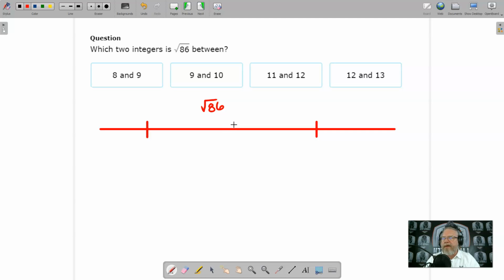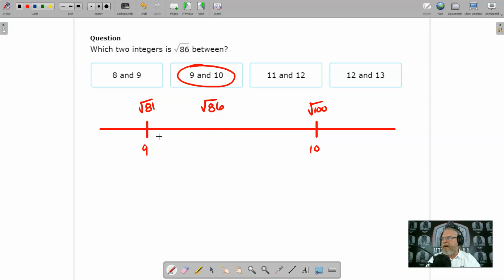Well, what's the perfect square that's below 86? Well, that would be square root 81, right? 81 is a perfect square. The square root of 81 is 9. And then the next one up would be 10, and that would be root 100. So it falls between 9 and 10.